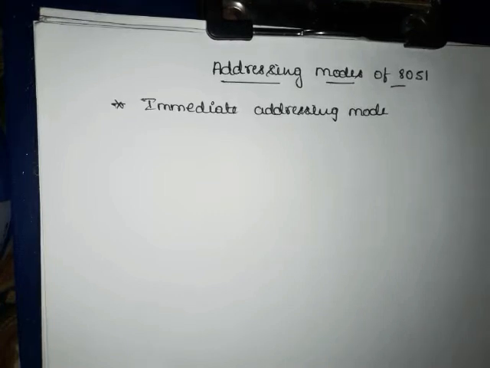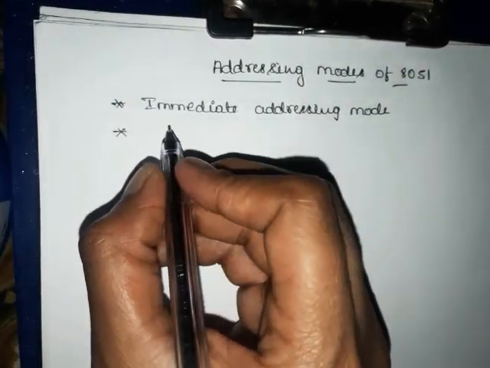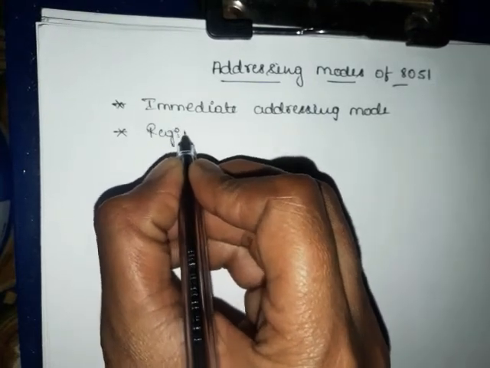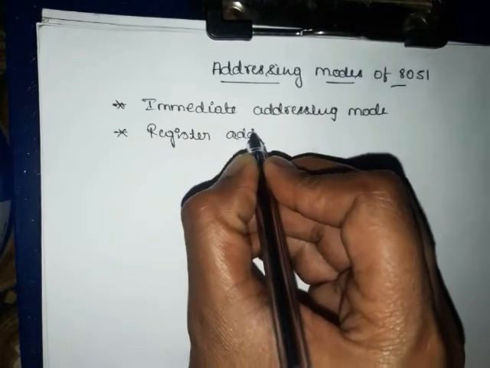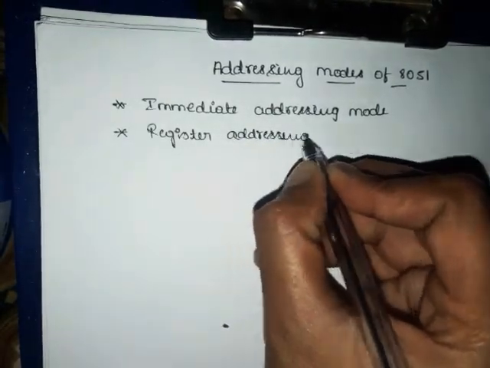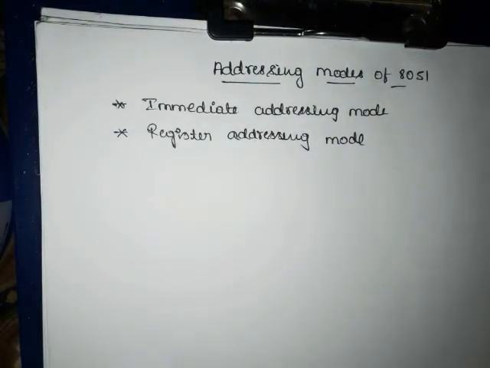So we are having 5 different types of addressing mode. First one is immediate addressing mode, second one is register addressing mode, and third one is direct addressing mode.